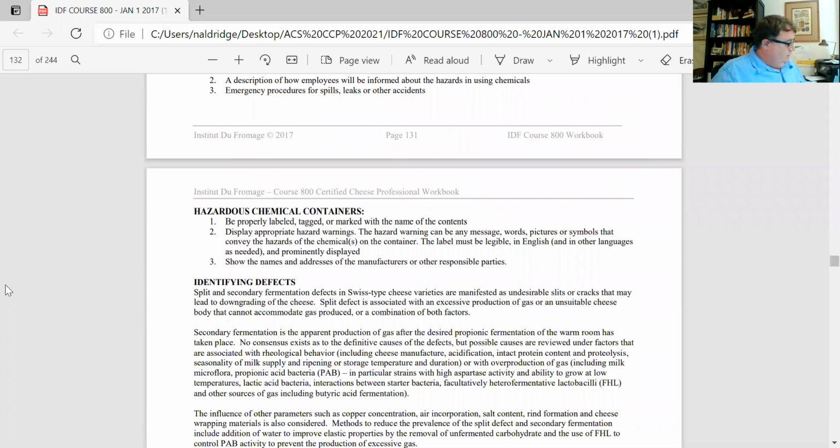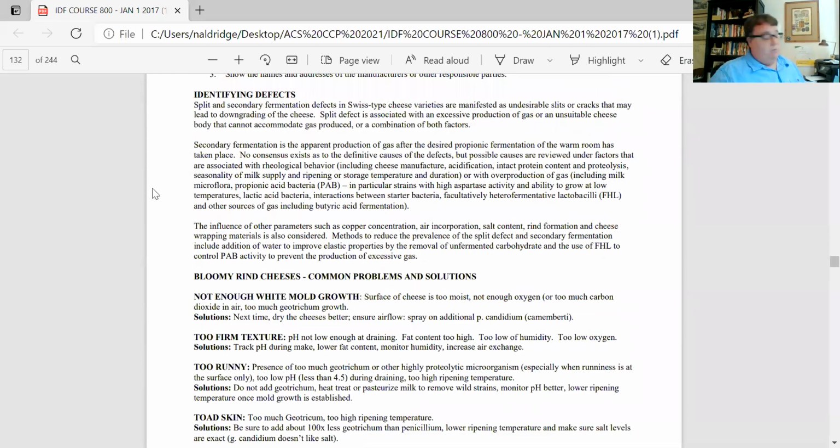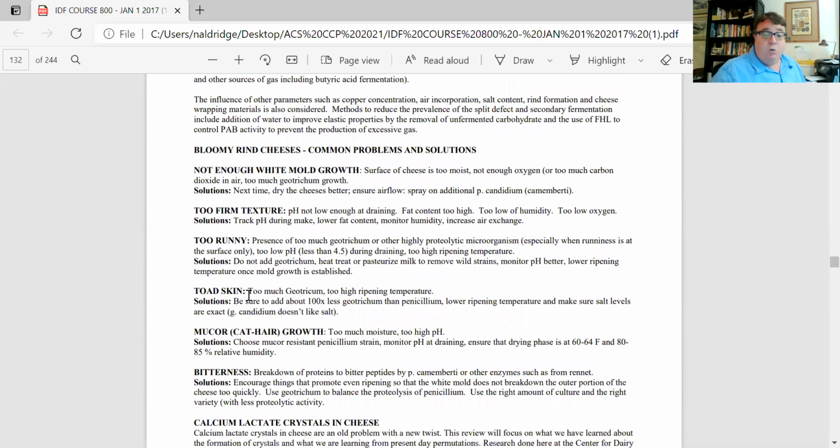Besides OSHA, now defects. Again, I would stick with your booklets coming out of the ACS website because they actually have the pictures in there. Hopefully we'll have a class where we can go through all that as well. But to highlight on page 132, what to know? Toad skin. So these are off standard conditions. What is toad skin?